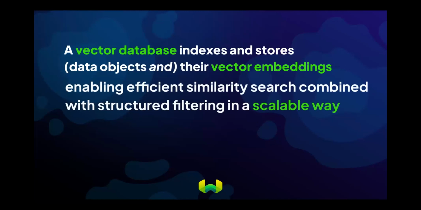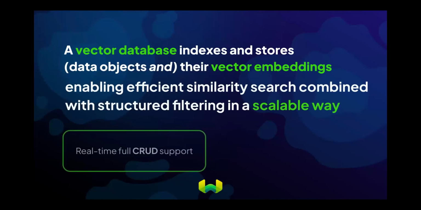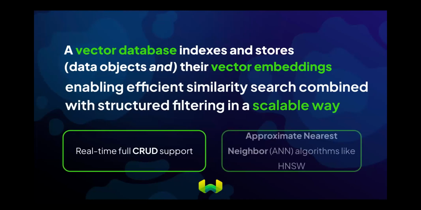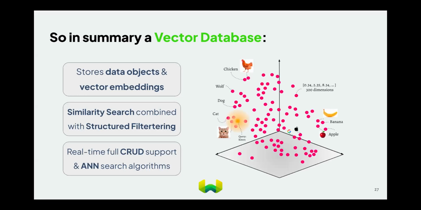If you store the objects, you can filter for keys or properties in those objects, as well as doing the semantic search via vector search. So the vector DB will provide CRUD support and this efficient search using ANN algorithms. And in a nutshell, we store objects and embeddings, provide similarity and structure search, and update and delete support.